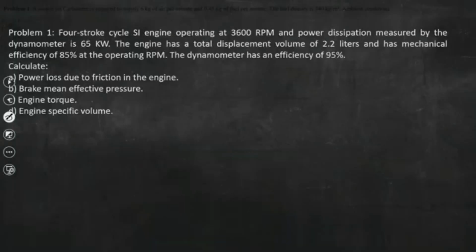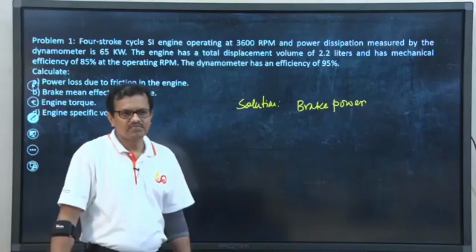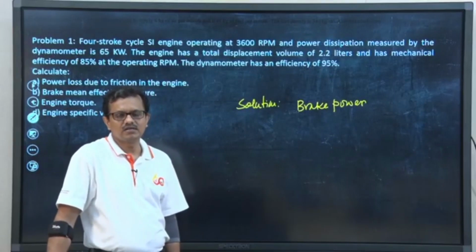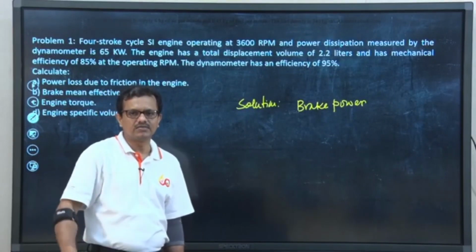So, you know that brake power, the dynamometer, as I told you, is used to measure the dissipation. So, basically the torque which is produced when the shaft is rotating.